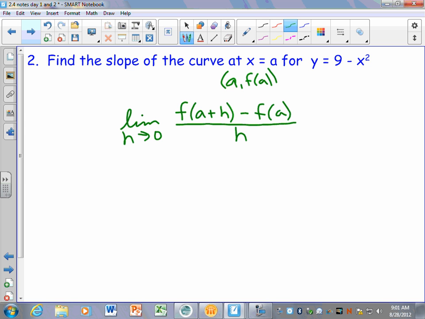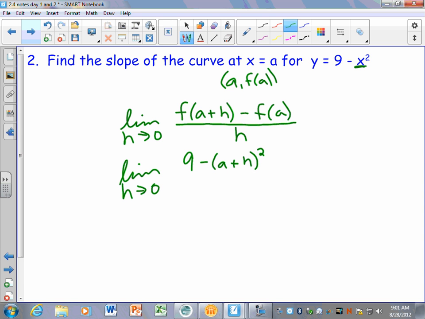So here's a nice little review about function notation. If I'm doing f of a plus h, when I go up here, I have to replace x with a plus h. Do you agree with that? So I'm going to get 9 minus (a plus h) squared.